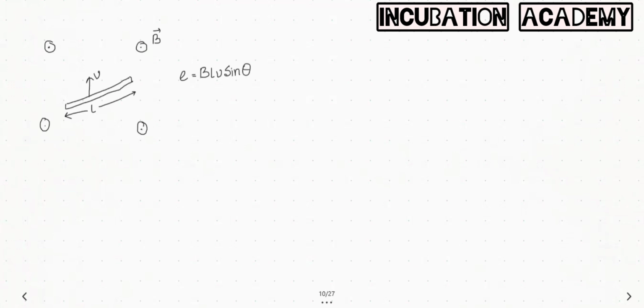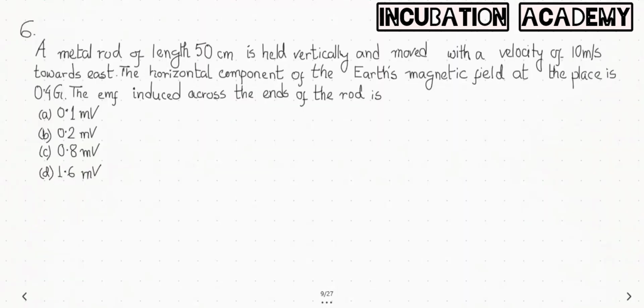If the movement of the rod and the magnetic field are completely perpendicular to each other, then theta equals 90 degrees. But if there is any angle theta, this sin theta factor needs to be multiplied here.